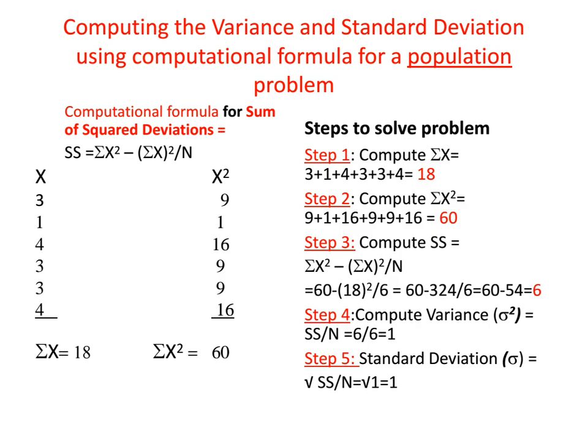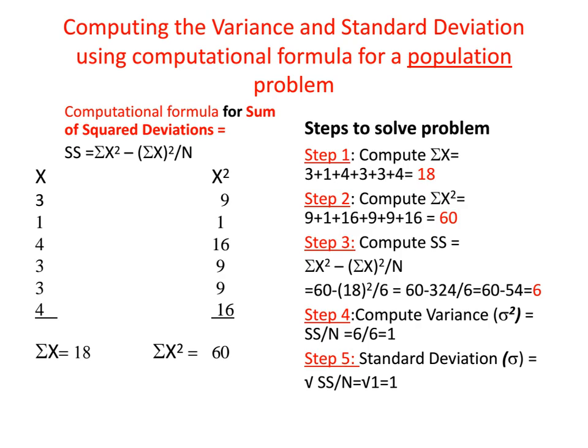So we substitute 60 for the sum of the X squares, and 18 for the sum of the X's, squared, divided by 6, which is the total number of scores. That gives 324 divided by 6, which is 54. Subtracting 54 from 60, the sum of the square deviations is 6.